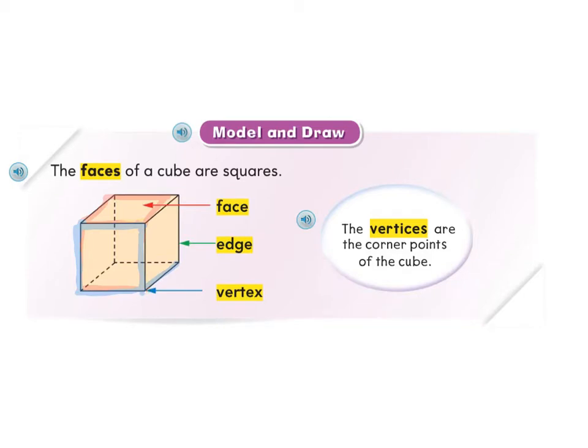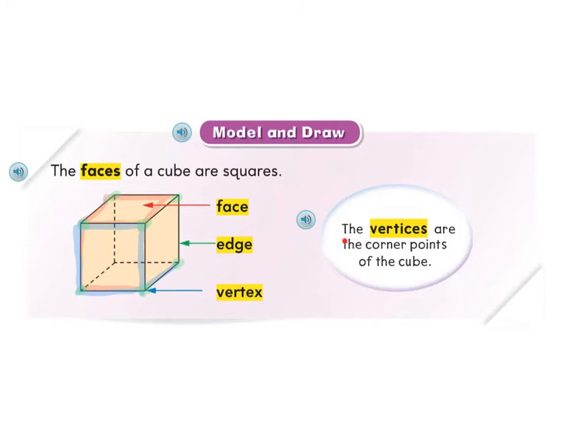So this right here is a vertex. Here is a vertex. Here's a vertex. Here's a vertex. Here's a vertex. It's where three edges meet on a 3D shape.